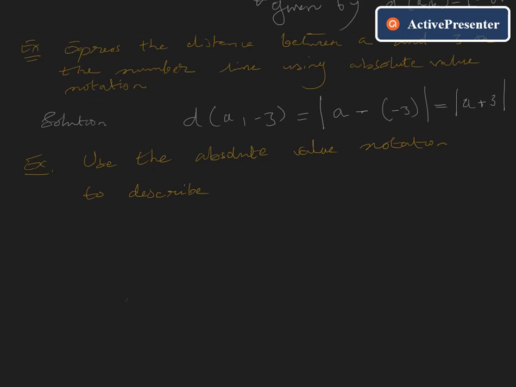Let's say the distance between Z and 5 is greater than 7. Solution.